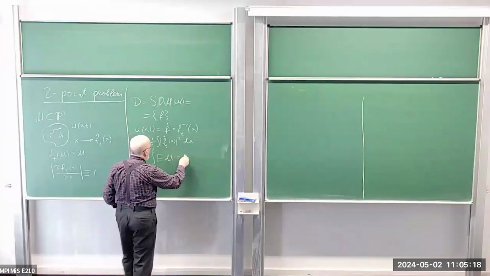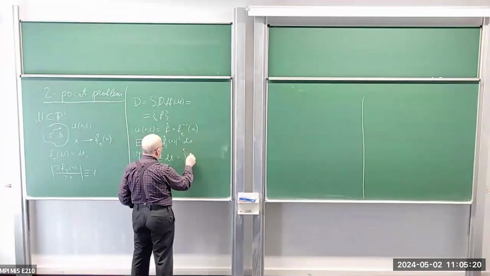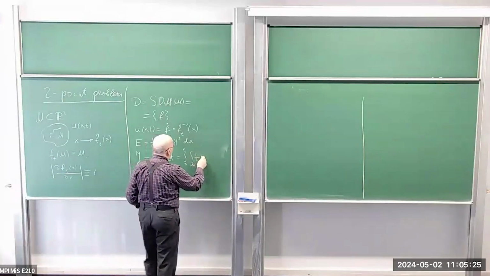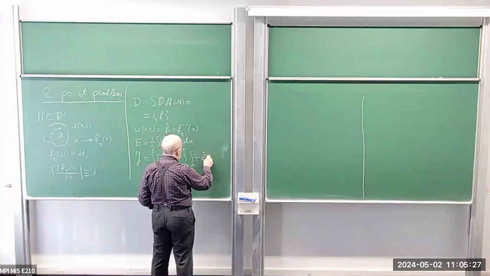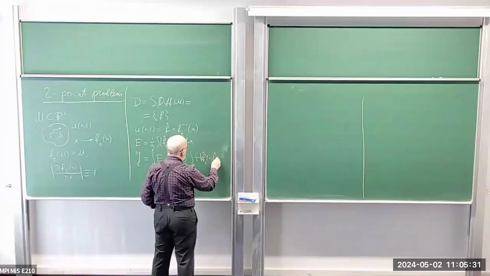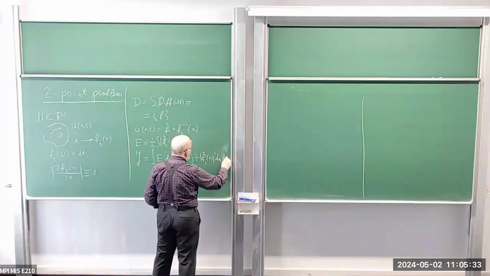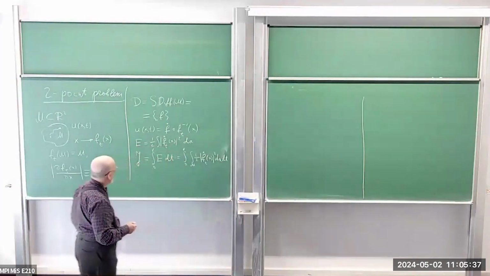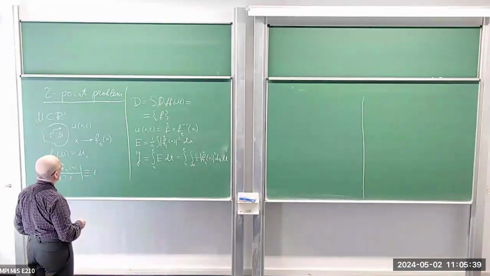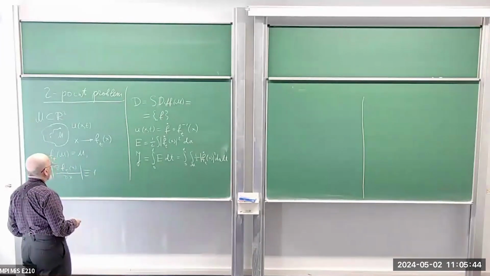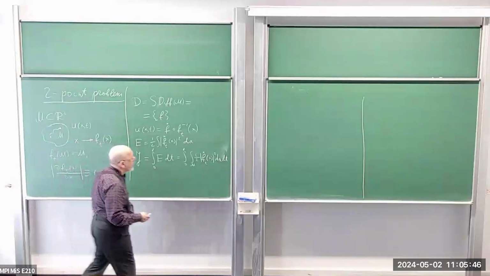Action equals the integral from 0 to 1, integral over M of the energy, dt. Everything is smooth for now, so I don't go to some singular things. And now the two-point problem.